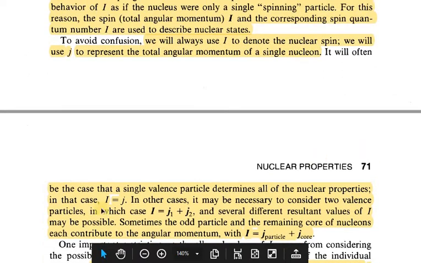It will often be the case that a single valence particle determines all of the nuclear properties. In that case, I equals J. In other cases, it may be necessary to consider two valence particles, in which I equals J1 plus J2, and so on. And several different resultant values of I may be possible. Sometimes the odd particle and the remaining core of nucleons each contribute to the angular momentum, with I equal to J particle plus J core.